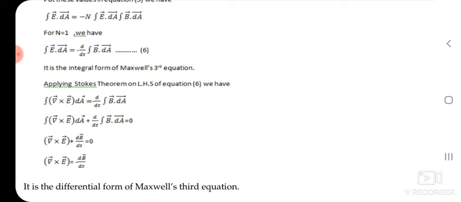Integration of del cross E dot dA is equal to minus d by dt of integration of B dot dA. If we move the right hand term to the left hand side, it becomes integration of del cross E dot dA plus d by dt integration of B dot dA. Both are surface integrals, that's why we can add them, is equal to 0.